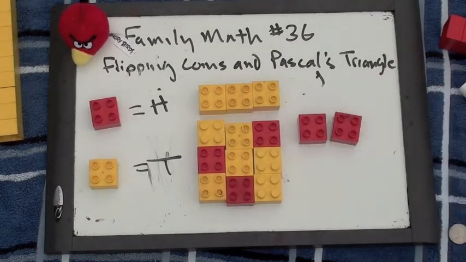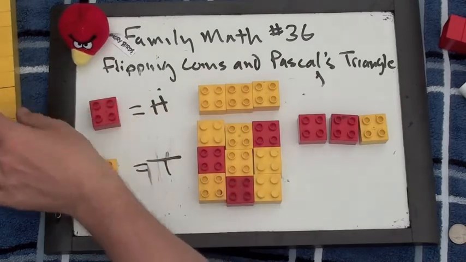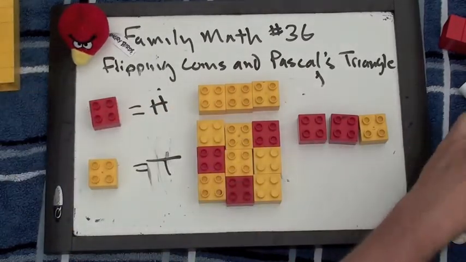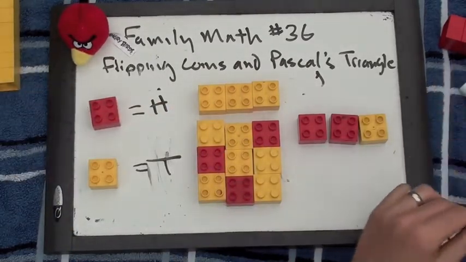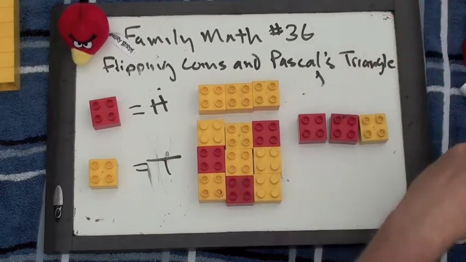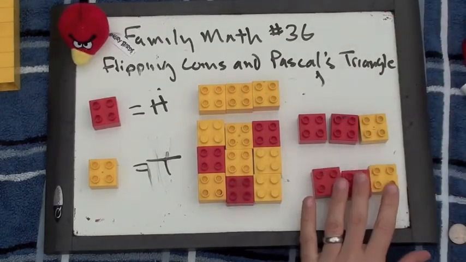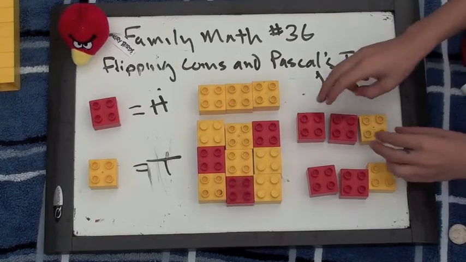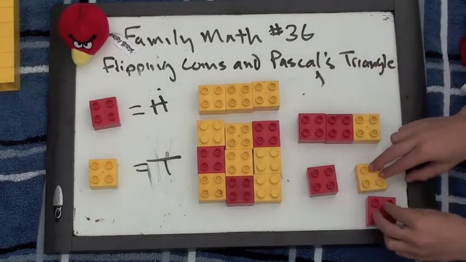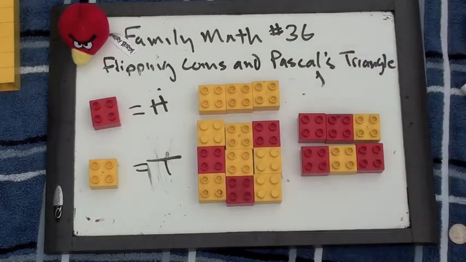Now let's do 2 heads and 1 tail. Let's see if you can figure out how many ways there are to do this one. Here's 2 and 1. Can you arrange them a different way? That's one way. That's another way. Is there a third way?